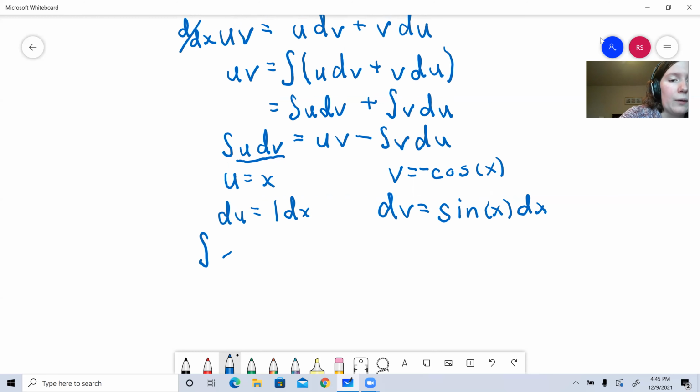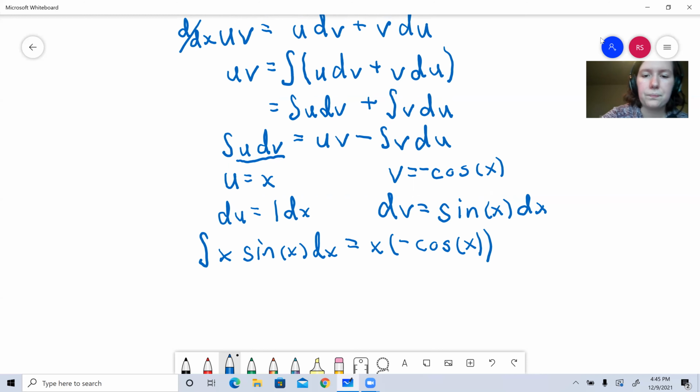So that would mean that we'd have the integral of x sine x dx equals x times negative cosine x minus the integral of negative cosine x times 1 dx.